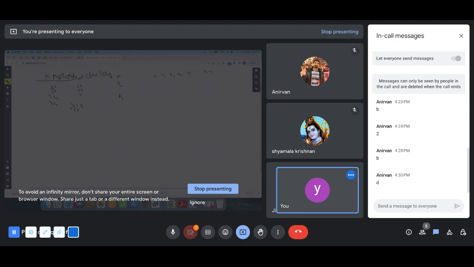What you do is find the distance of the points from mu1, mu2, and mu3.